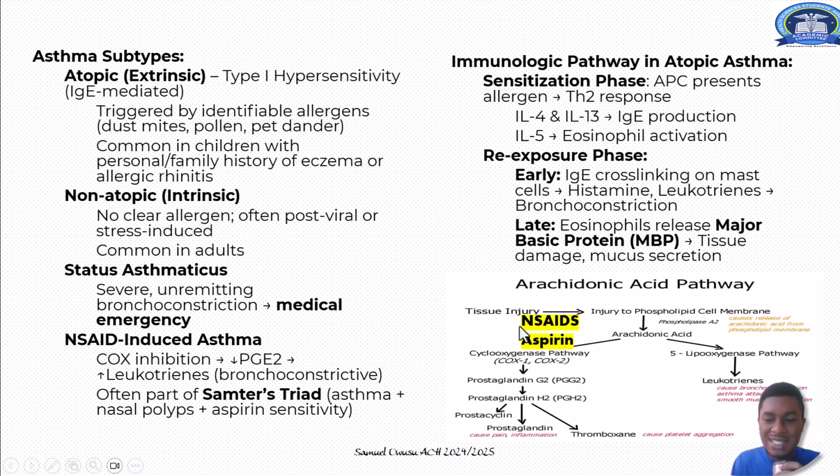So in this case, because we are having a lot of leukotrienes, this is going to cause a lot of bronchoconstriction, and that is what leads to what we call NSAID-induced asthma. And so we want to give agents that would block this pathway as well. And so once we do that, we will not have any leukotrienes for bronchoconstriction to happen. And some of these agents are zileuton. So zileuton blocks the 5-lipoxygenase pathway.